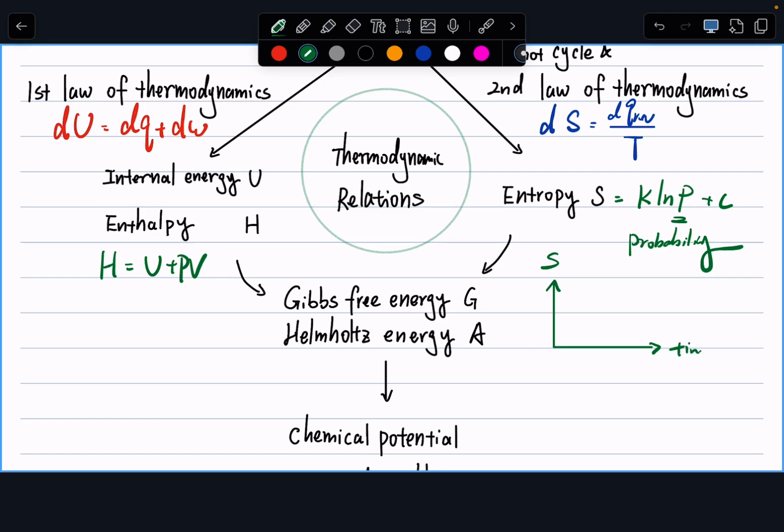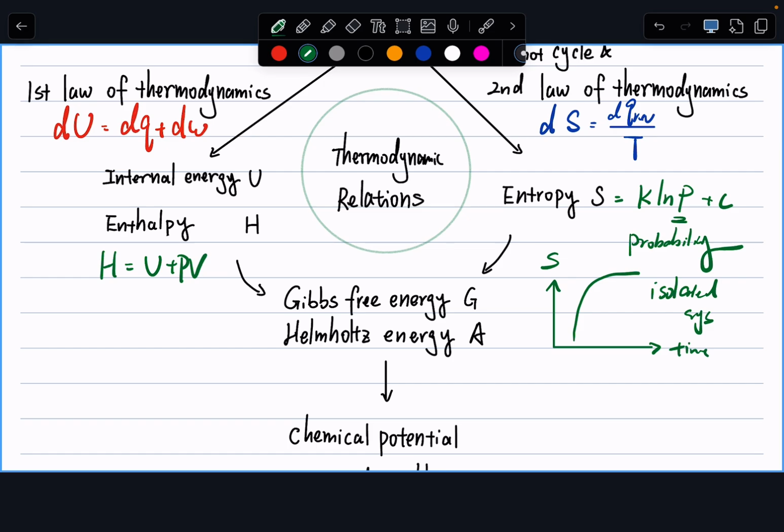Let's say S over time for an isolated system always increases until we reach the point that everything is at equilibrium. So here's a quick link to the concept of cosmology, right? What's the fate of our universe eventually after an infinite amount of time? That is, well, entropy will always increase for the entire universe until we reach a point that only reversible processes can take place, everything in equilibrium.